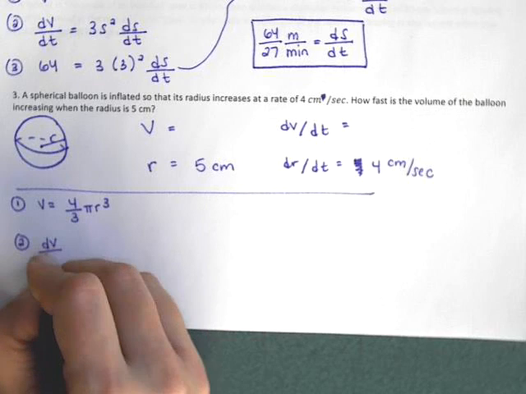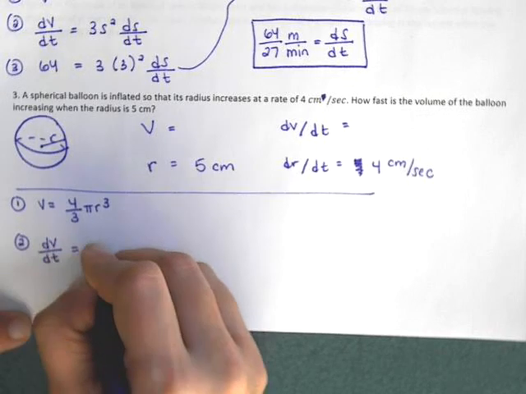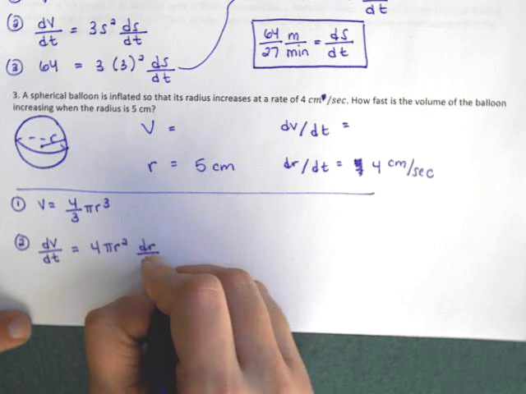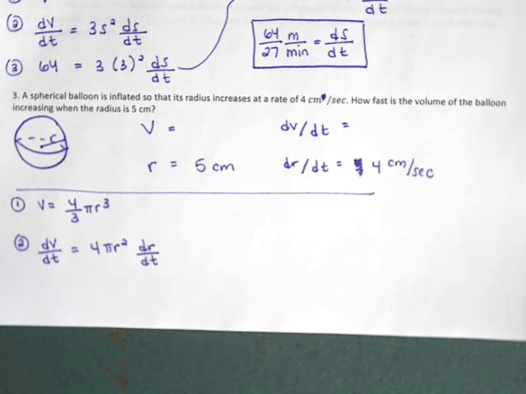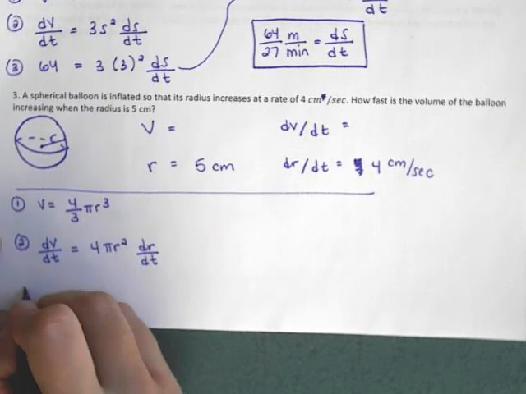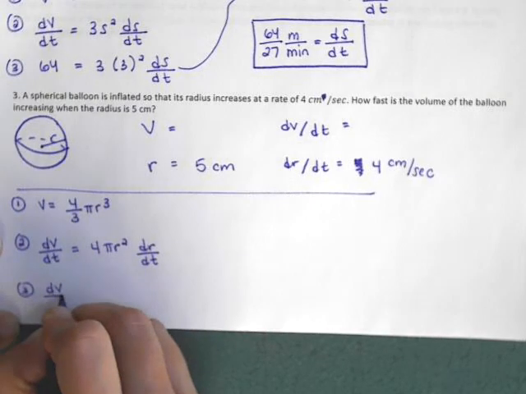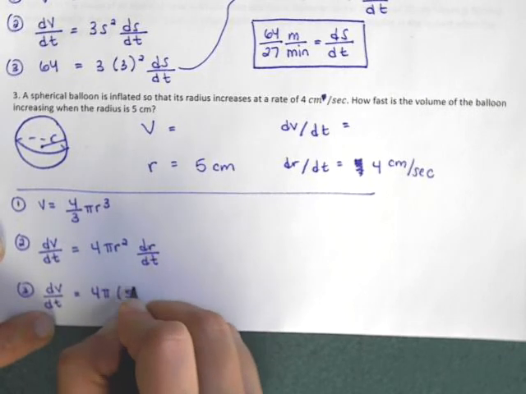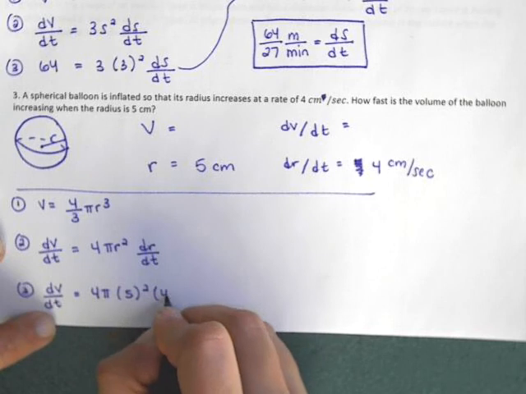Now dV/dt would equal 4 pi r squared dr/dt. I'm just taking a derivative, making sure to put dt's when necessary. If I fill in what I know, dV/dt would equal 4 pi times 5 squared times 4.